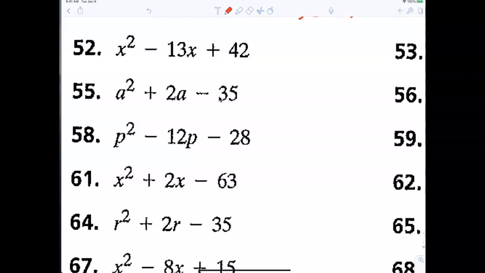All right, Charlie, 52. Now, what I want you to do, Charlie, is tell me the factors of 42 that make 13. 42, yeah, 6 and 7, Charlie.